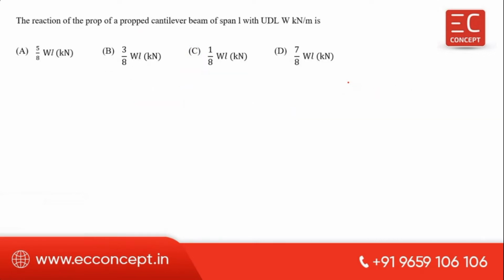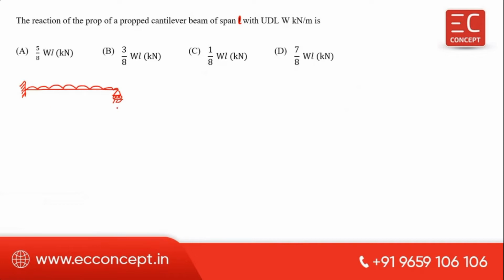Now next question. The reaction of a propped cantilever beam of span L with a UDL W kilonewton per meter. Of span not 1, actually this is L. Yeah, you have to keep this formula in your mind. This is the UDL acting throughout the span.